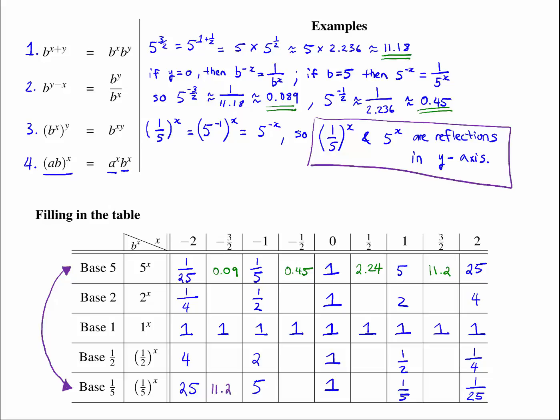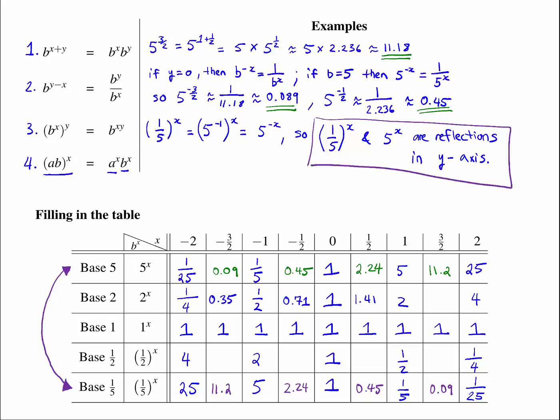Then we can copy the 2.24 down and across to the 2.24 there. Similarly, the 0.45 for minus a half in base 5 will correspond to 0.45 for positive a half in base 1/5, and then we copy the 0.09 down and across as well.